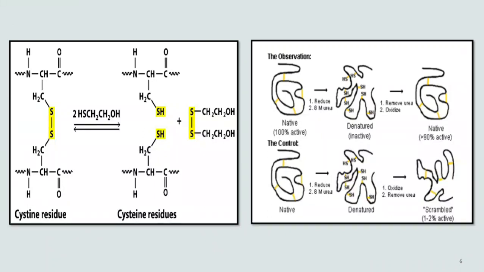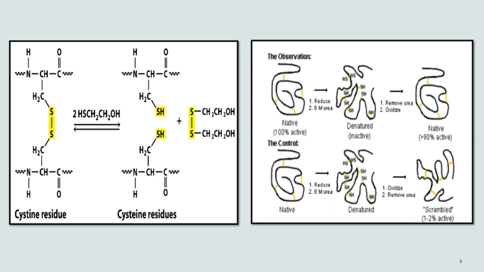Here there are two pictures indicating that a native protein becomes a denatured protein and the denatured protein can be refolded. In the first picture, the two cysteine residues are held together by a disulfide bridge. This disulfide bridge can be disrupted by treating it with beta-mercaptoethanol.